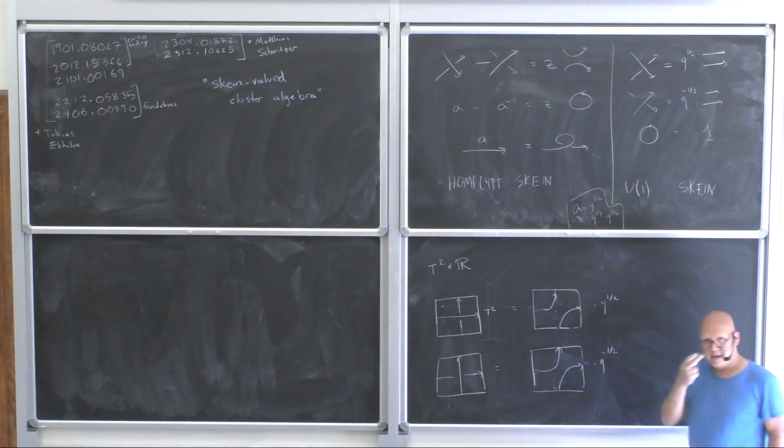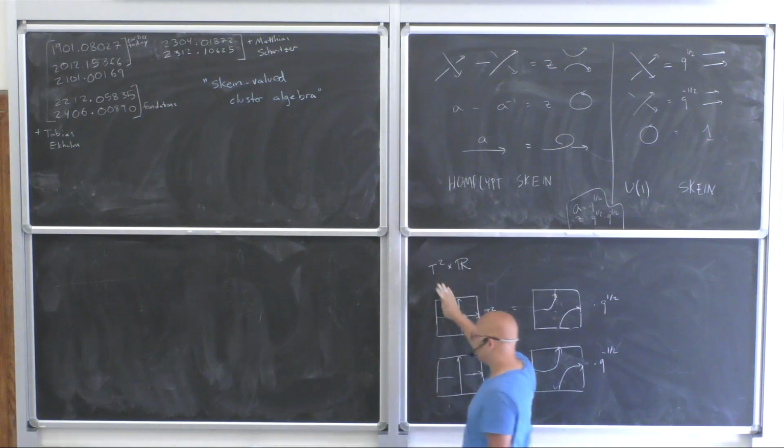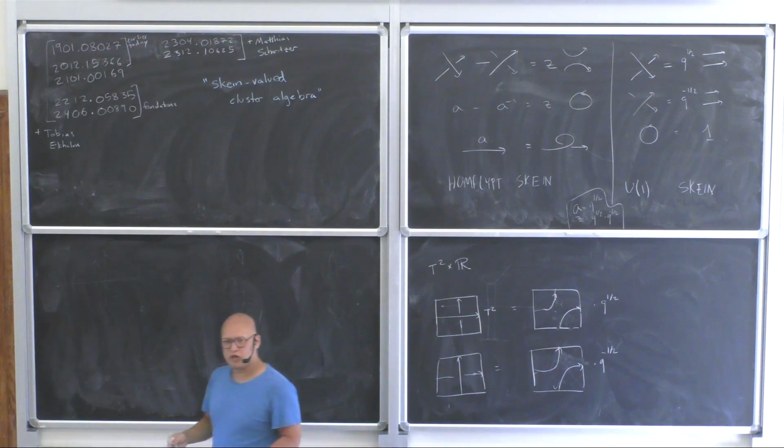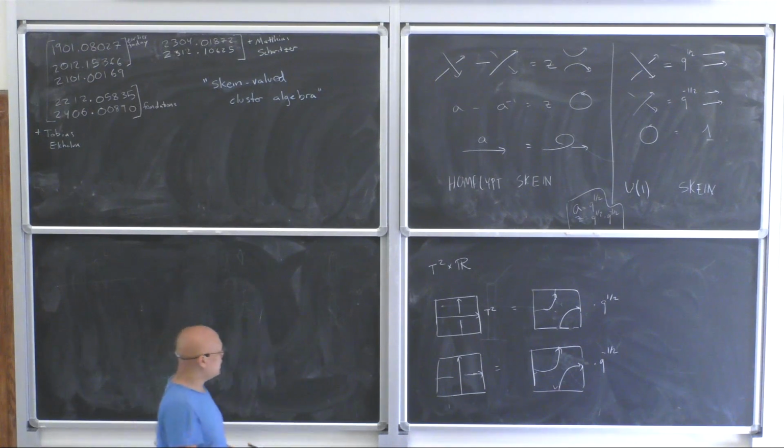The skein of this T2 times R, or of anything times R, you can regard as an algebra, because you can put one copy of R next to the other copy and then smash them together.